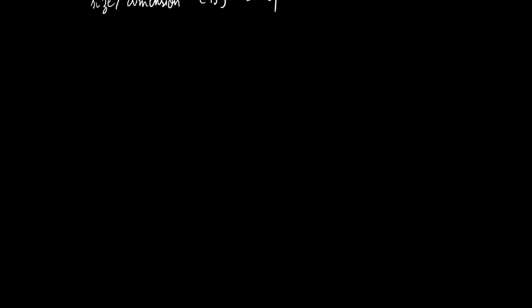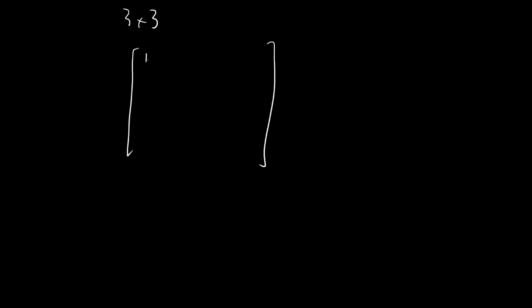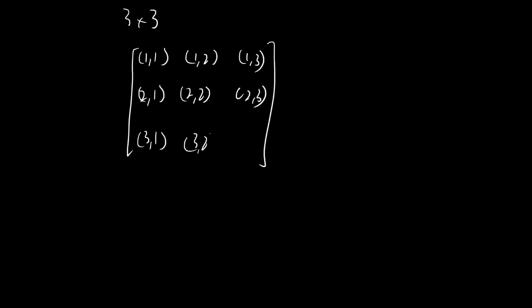Now let's check for, say, a 3 cross 3 matrix. So here we have 1,1, 1,2, 1,3, 2,1, 2,2, 2,3, 3,1, 3,2, and finally 3,3.